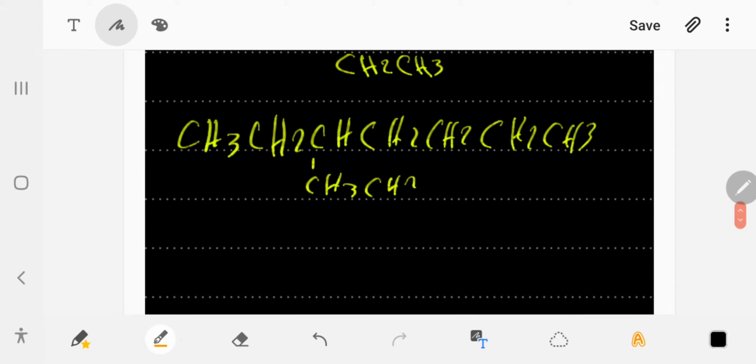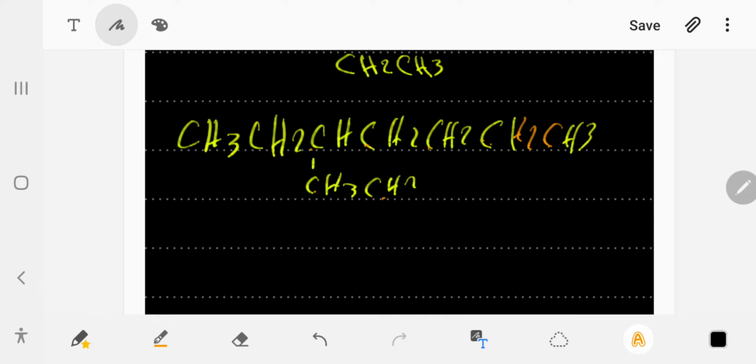What about this one? We can start counting. So we have 1, 2, 3, 4, 5. We have 4 carbon atoms in a series here. Or 1, 2, 3, 4, 5, 6, 7. So we have 7 carbon atoms in a series here.